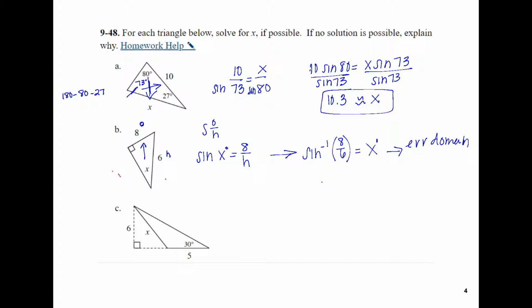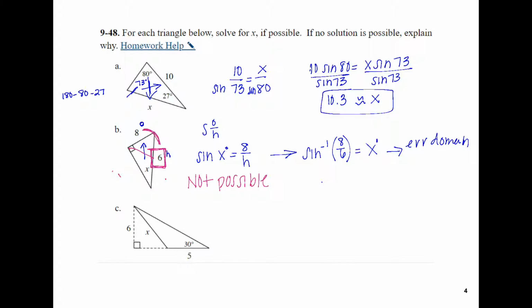When we look at a right triangle, the side opposite of the right angle, the hypotenuse, always has to be the largest side. And we notice that 8 is actually larger than 6. So this is not possible, and that is your reason that the hypotenuse has to be the longest side of a right triangle.